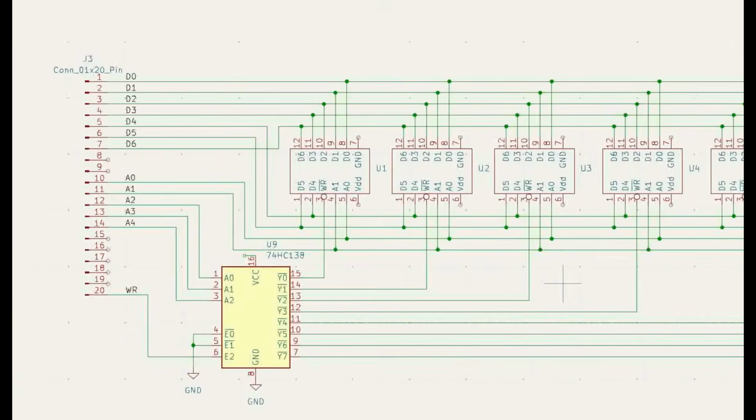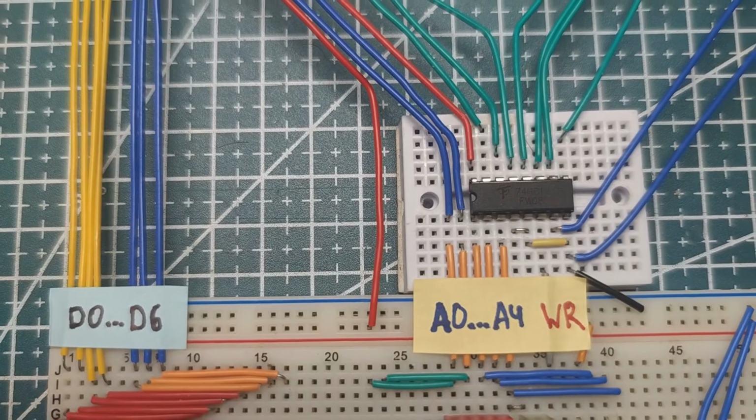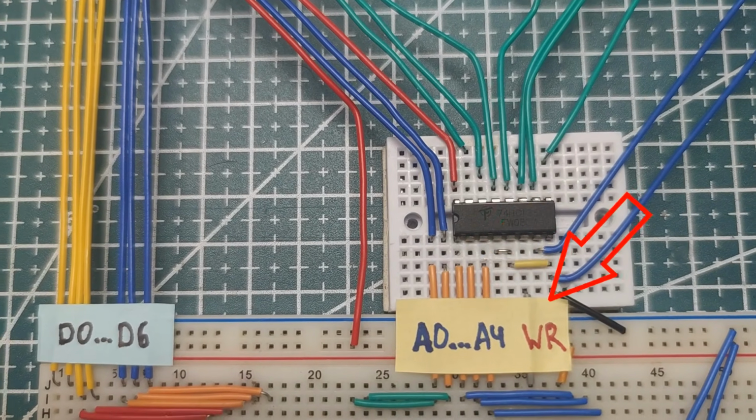Just like that, we turned 8 lines into 4. What we have here is a 7-bit data bus and a 5-bit address bus, plus a dedicated write line.